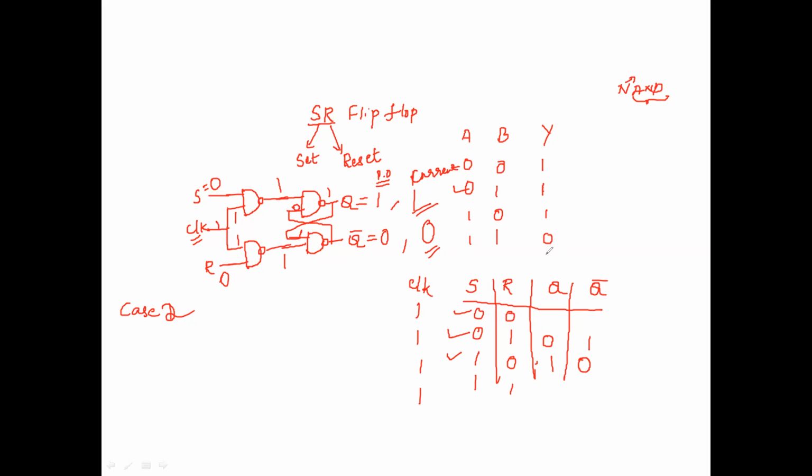If Q was 0, you can check the other condition also. If I take the previous output as 0 and 1, you will get 0 and 1 only. So this state you call memory, or sometimes no change. That means there will not be any change in the output of the flip-flop if you give both the inputs as 0 and 0. Clear?